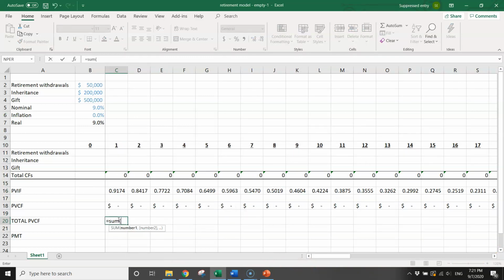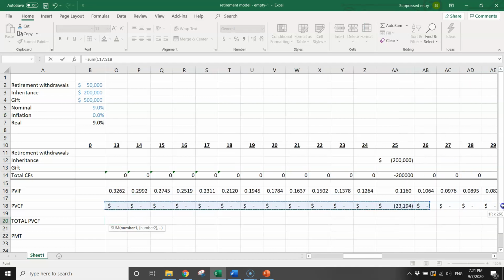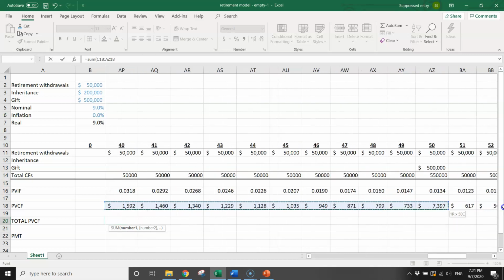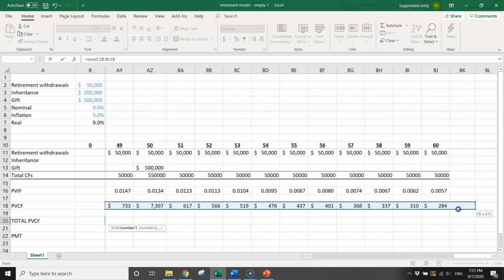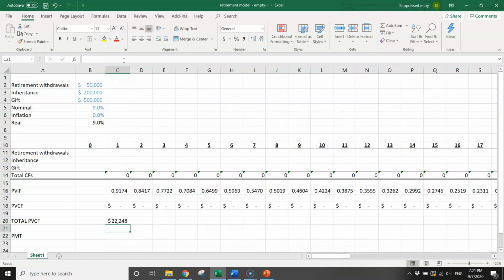The total cash flow will be the sum of this row, C18 to BJ18. So it is $22,248.